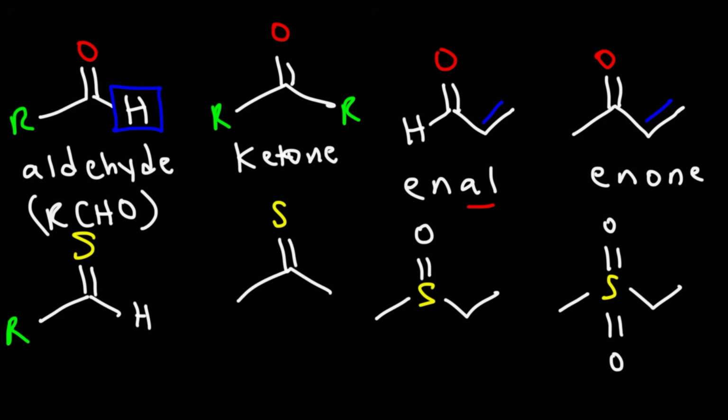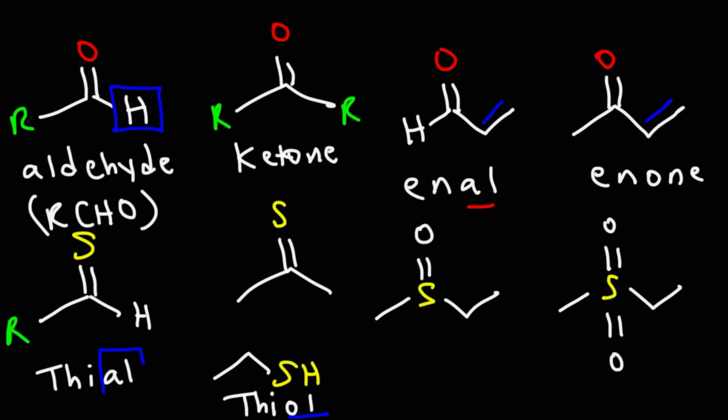So on the left, instead of an aldehyde, what we have is a thial. If you recall, a thiol is an SH group. So like an alcohol, but there's thi and then ol. Here, instead of the ol for thiol, since we have an aldehyde we have al instead.